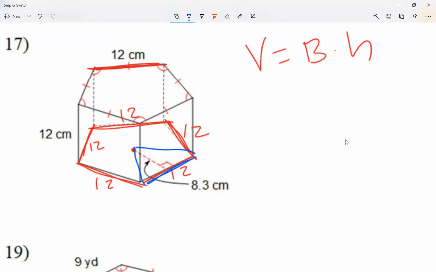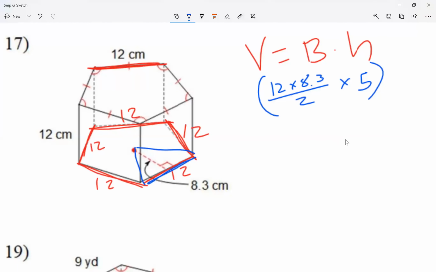And the way we find the area of a triangle, we go 12 times 8.3 divided by 2. Okay, that will give me my triangle. But what do I do with the triangle to get the polygon?